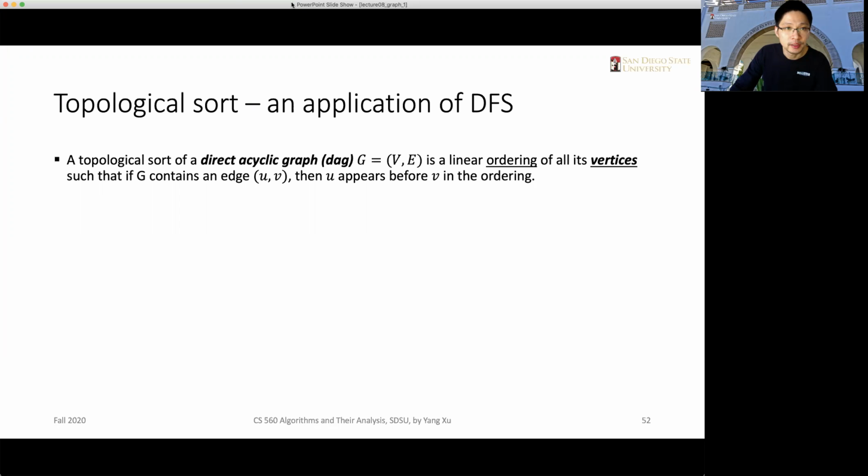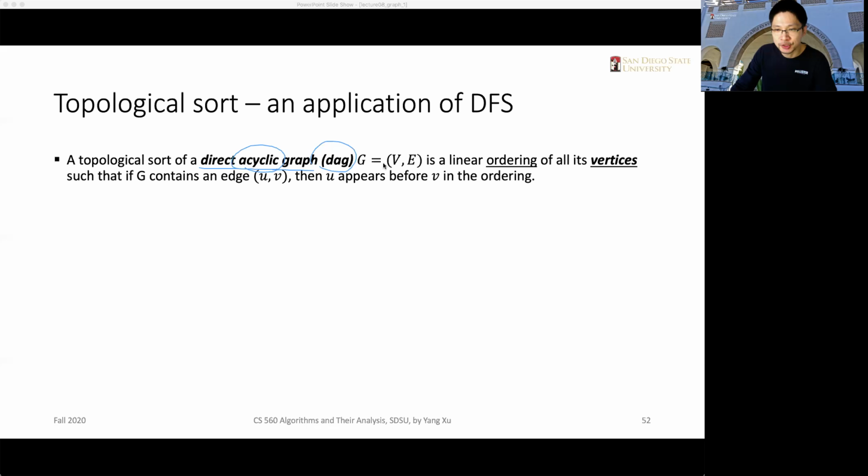Let me use the color pen here. Directed acyclic graph, in short, DAG. So this graph should not only be directional, but also it shouldn't contain any cycles. Acyclic means there are no cycles in the graph.